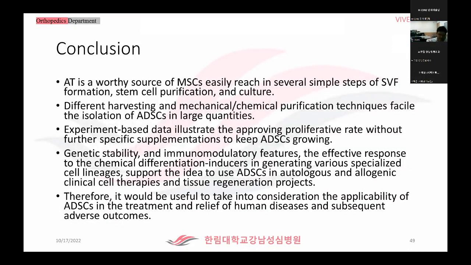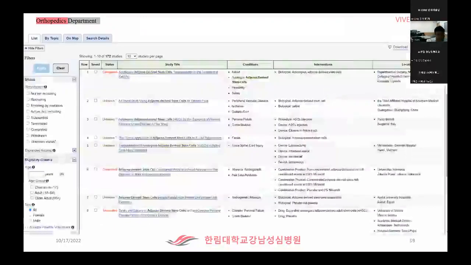And so many studies are under clinical trial, and some have passed phase 1 as well as phase 2. Therefore, it would be useful to take into consideration the applicability of adipose-derived stem cells in the treatment and relief of human disease and the subsequent adverse outcomes.